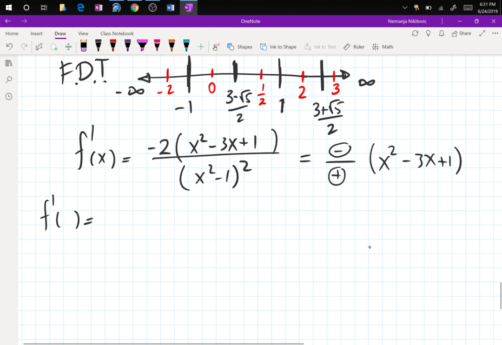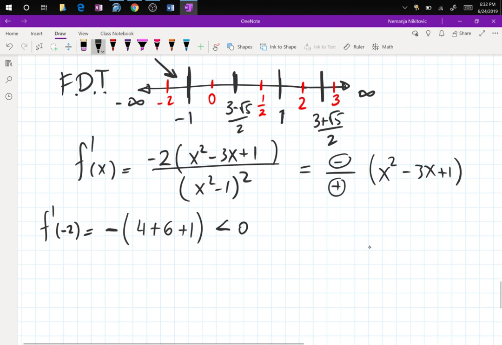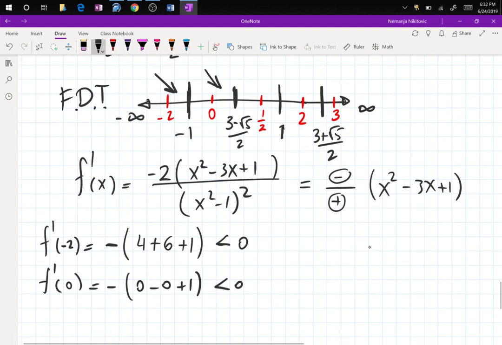The first value we are computing is negative 2. So I have negative, and then negative 2 squared is 4, plus 6, plus 1. The whole thing is less than 0, so we have a decrease. The derivative computed at 0 is negative, 0 minus 0 plus 1, also decreasing.